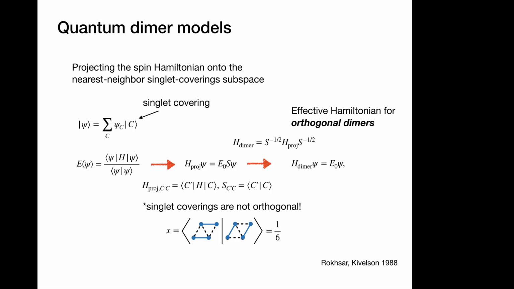When we look at this dimer Hamiltonian, we can essentially carry out an expansion of this overlap matrix S and the projected Hamiltonian in orders of this parameter x, which is indeed a small parameter in this case.